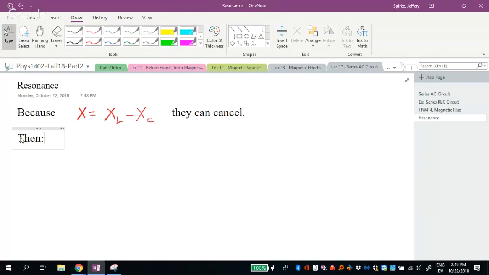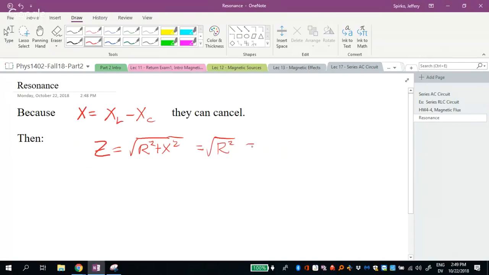But what does that have to do to us for our overall circuit? Z is the square root of R squared plus capital X squared, which is just the square root of R squared, is just plain R.